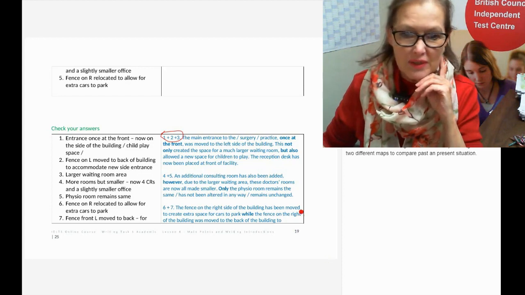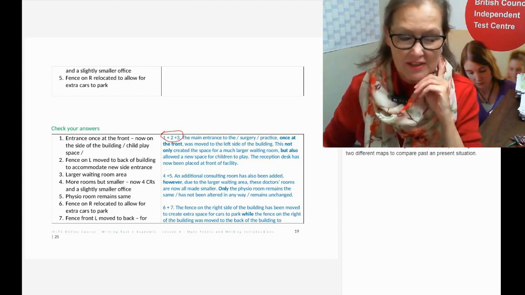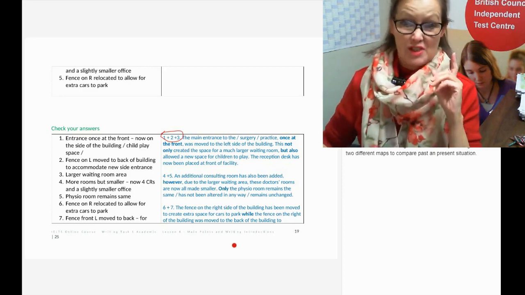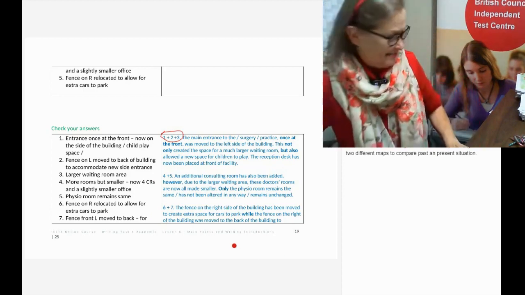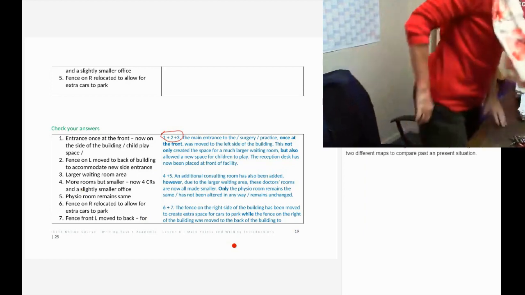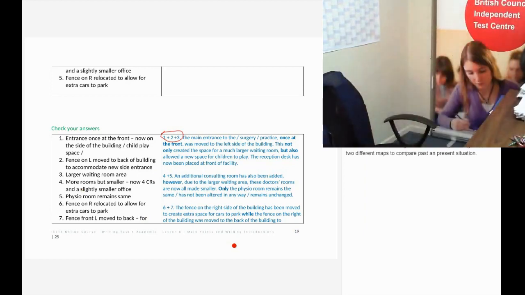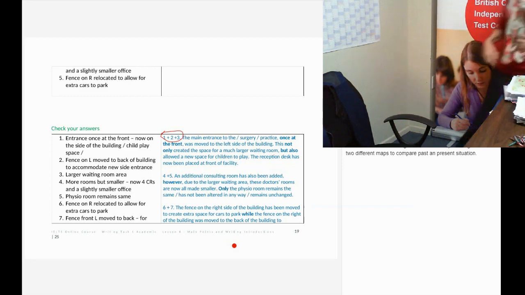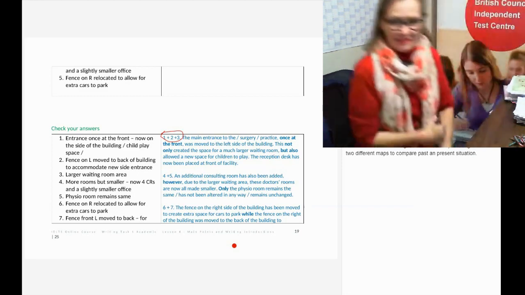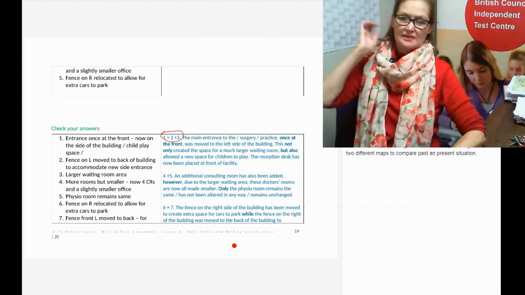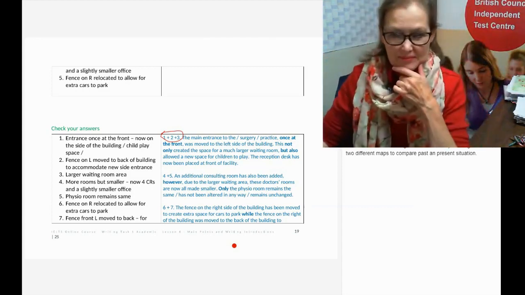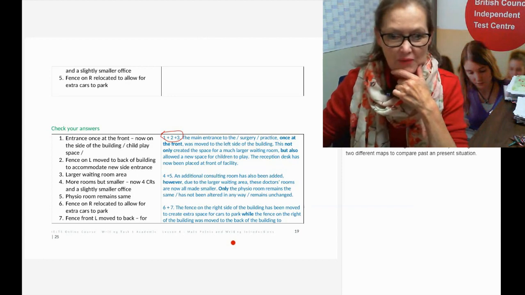Now just read through sentence 4 and 5 and 6 and 7. I'm just going to close the window for the noise. Notice how I've got those linkers.